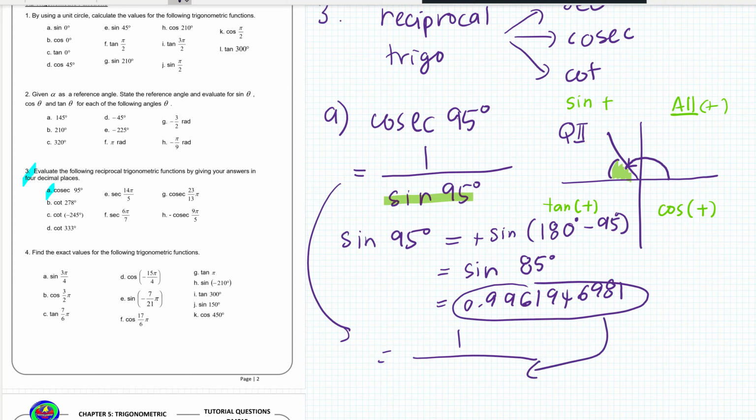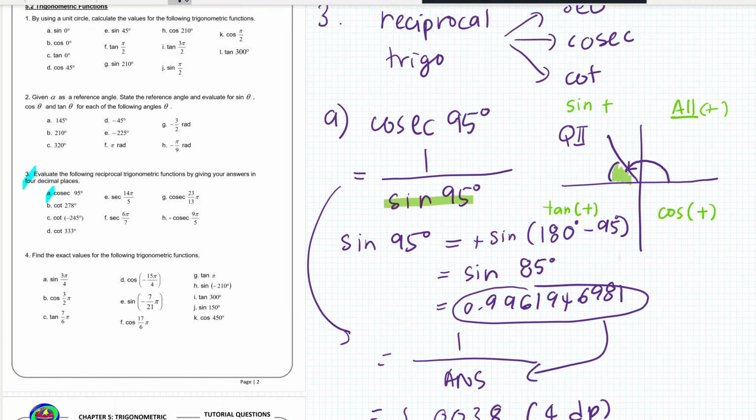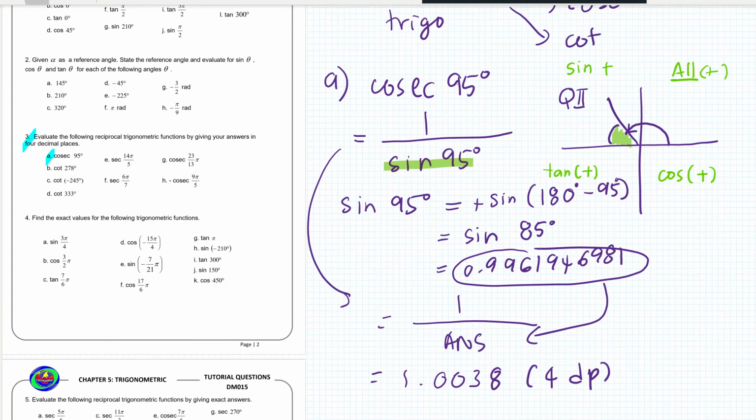You just press answer on your calculator, and the answer is 1.0038. The question wants 4 decimal places. Next we go to question C.